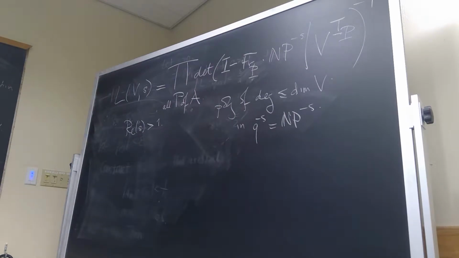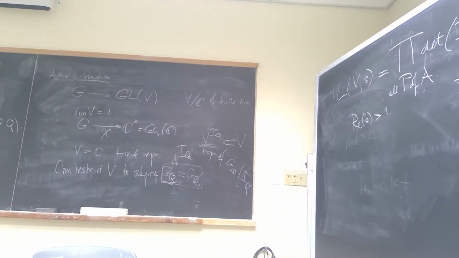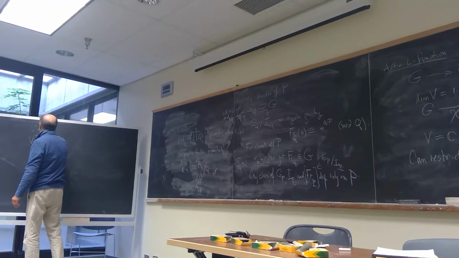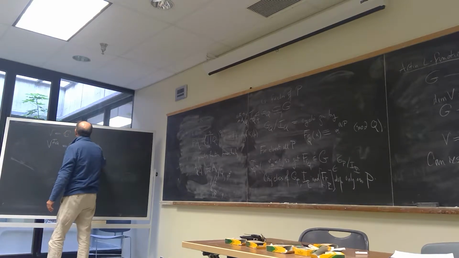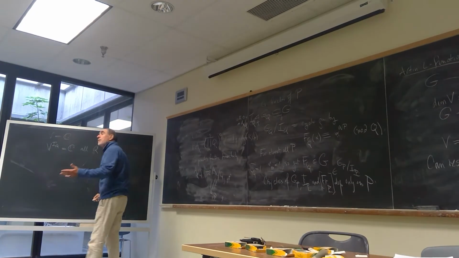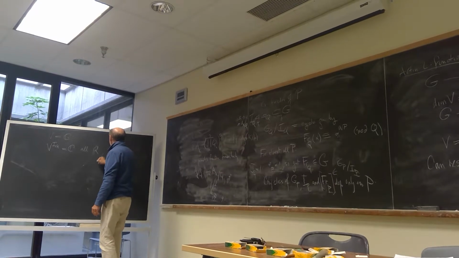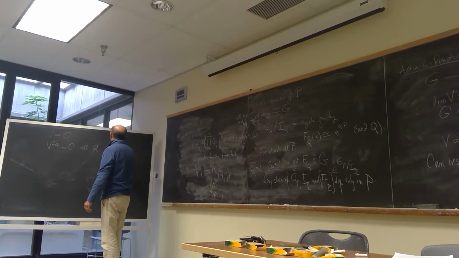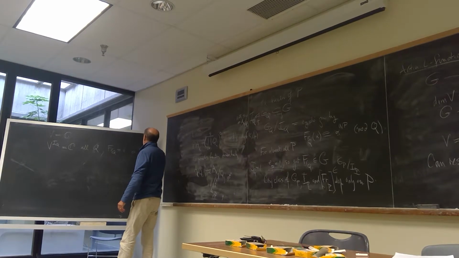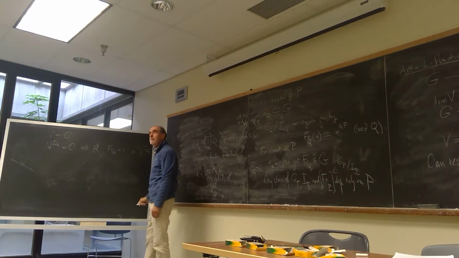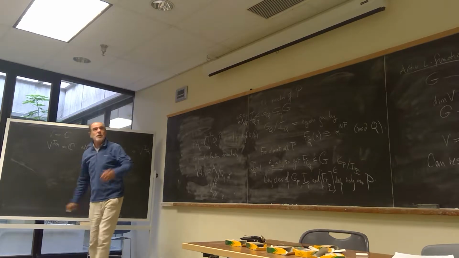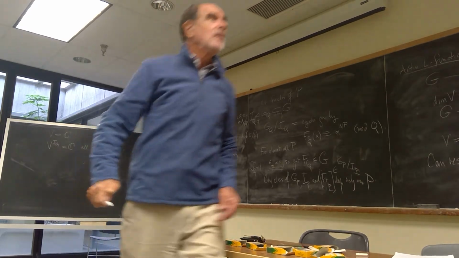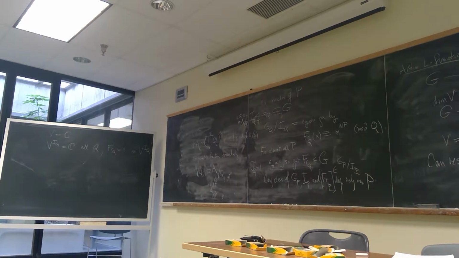For example, suppose V is the trivial representation. Then V^{I_Q} is equal to C for all Q, for all P, right? And Frobenius is equal to 1 on V^{I_Q} because it's the trivial representation. Okay, so this determinant is just a one-dimensional representation, and this is 1, so it's just 1 minus the norm of P to the minus S, inverse.